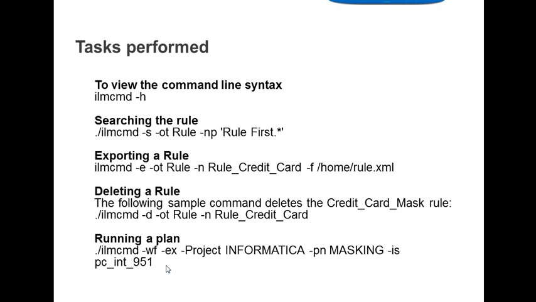I'm going to show you how to run a plan using the command line. The options that you are going to provide are the project name, the plan name, and the integration service name on which this workflow is going to run.